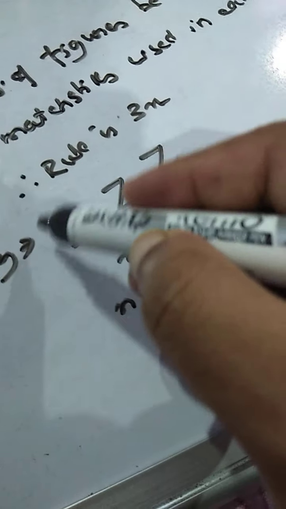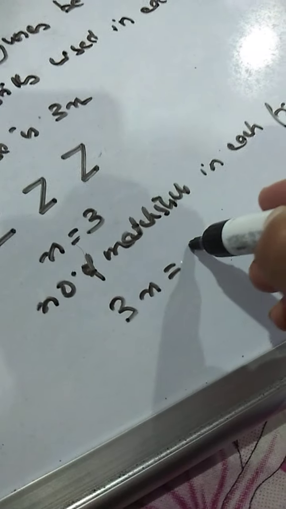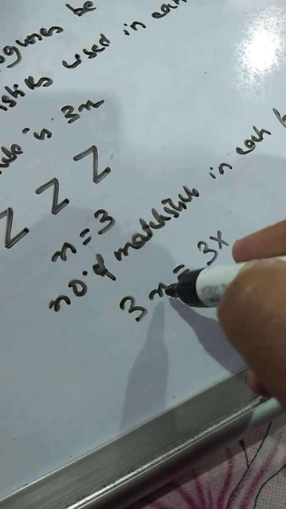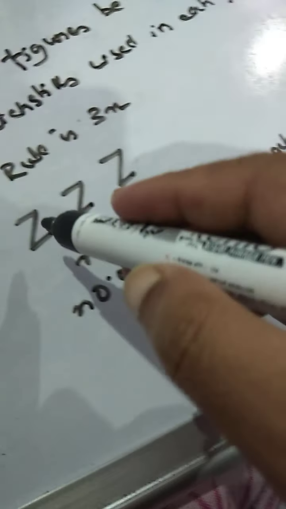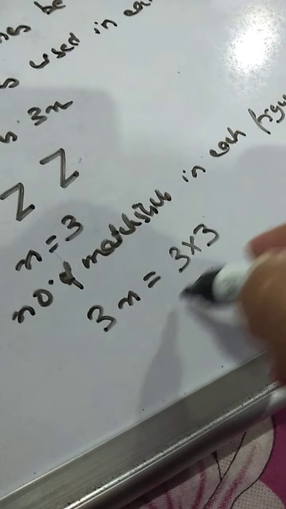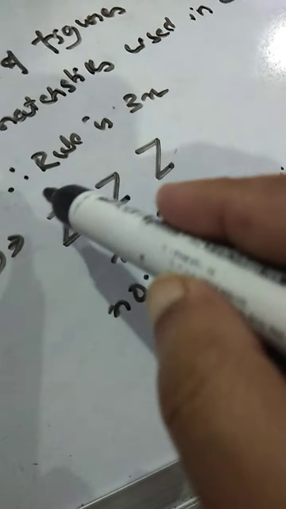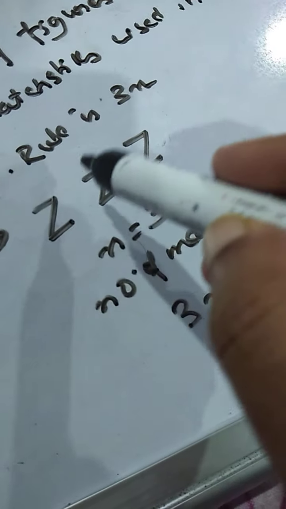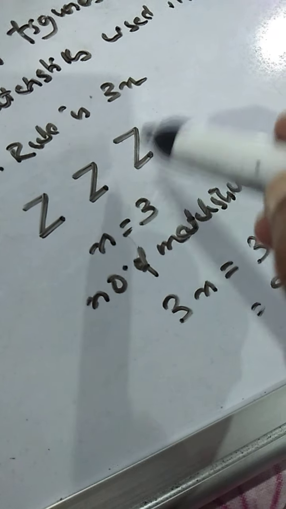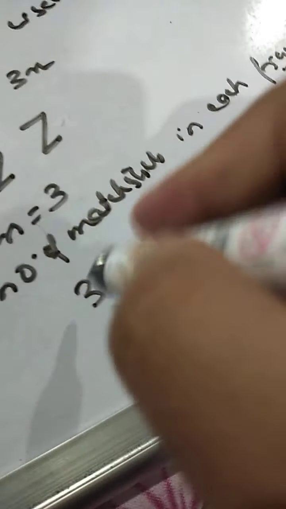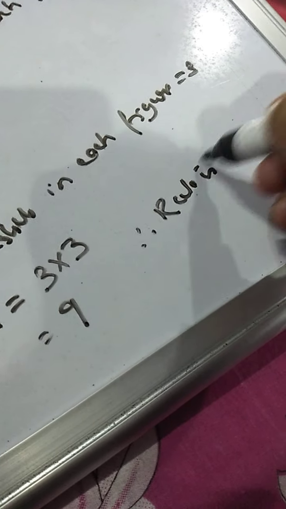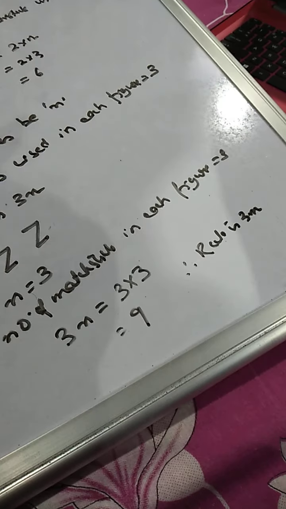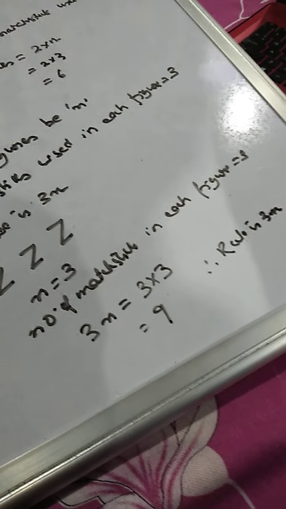This 3 represents the number of matchsticks used in each figure, so we'll write 3. And how many figures are there? Because n represents the number of figures, in place of n we'll write 3. So 3 3s are 9. Now we'll check it out: 1, 2, 3, 4, 5, 6, 7, 8, 9. So this rule is okay, isn't it? Therefore, the rule is 3n. This is how we'll generate the rule for each and every part of question number 1.